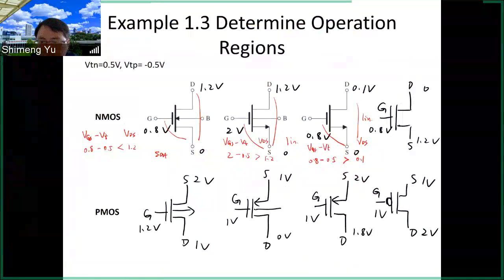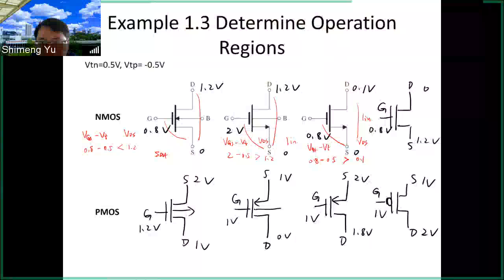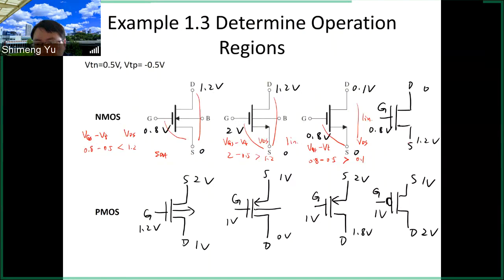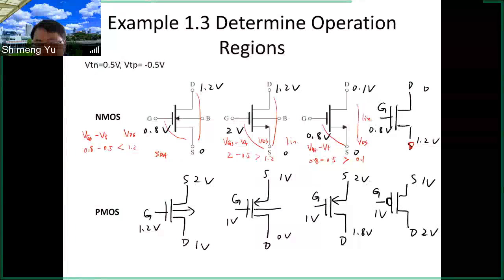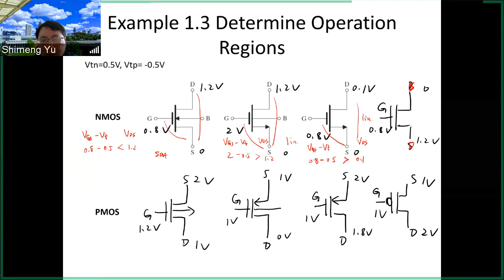So this one, first of all, the labels here are incorrect. This should be the drain, this should be the source. Why is that? Because MOSFET, as we discussed before, is a symmetric structure. It is not necessarily true that the left is source and the right is the drain, or the top is the drain and the bottom is the source.